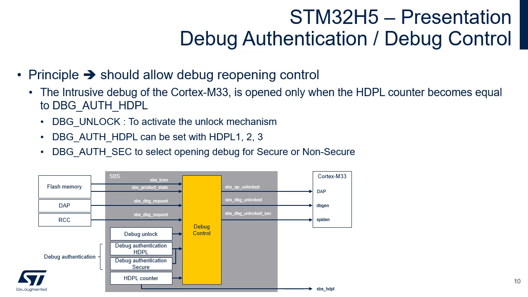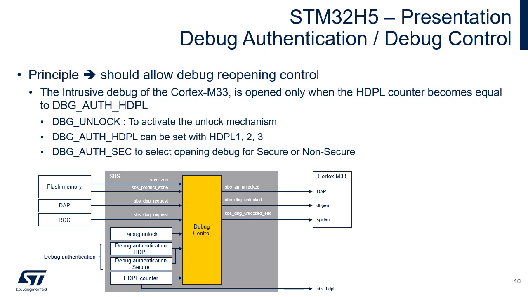Configuration of the debug control units is based on the following registers: DBG unlock in SBS DBG-CR, debug unlock when DBG auth HDPL is reached; AP unlock in SBS DBG-CR, access port unlock; DBG auth HDPL in SBS DBG-CR, authenticated debug temporal isolation level, defines the HDPL value from which the debug can be opened, value from 1 to 3.